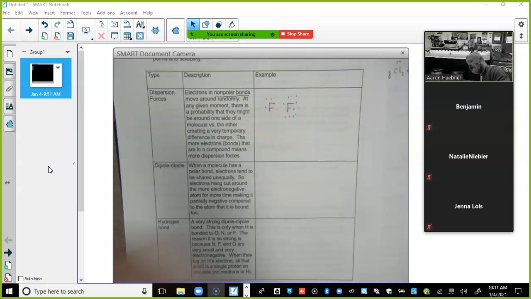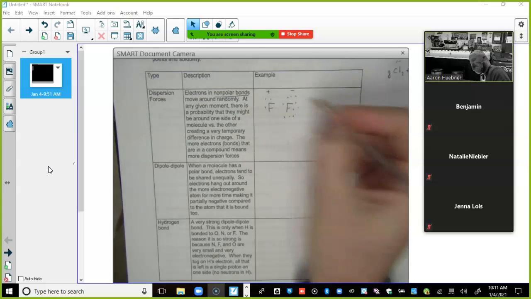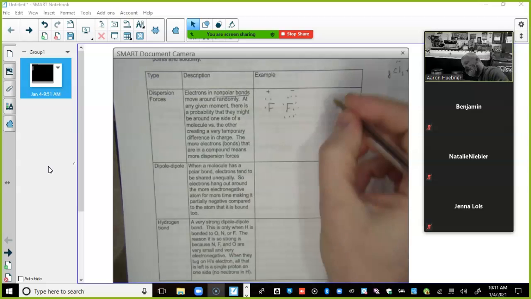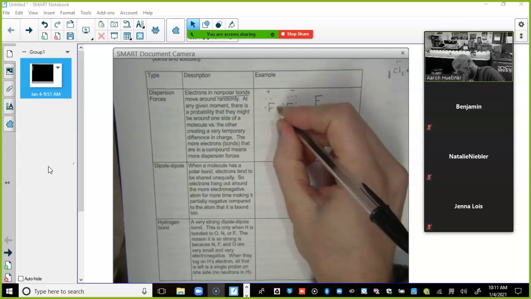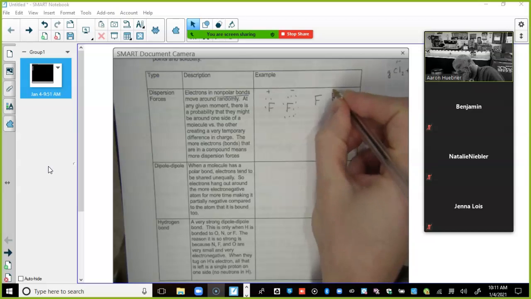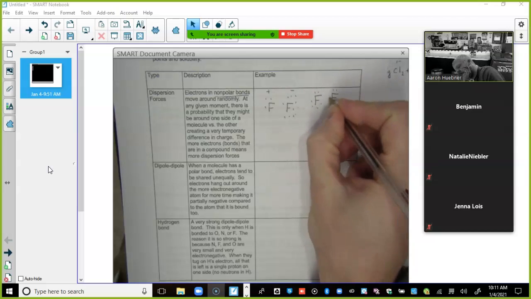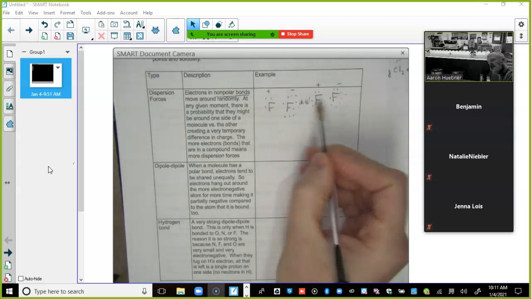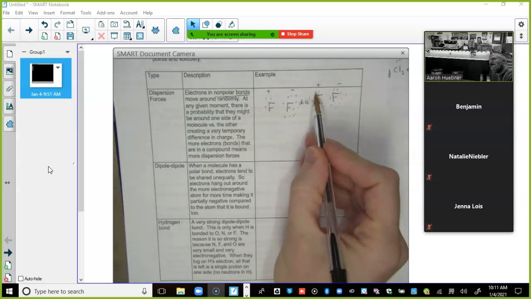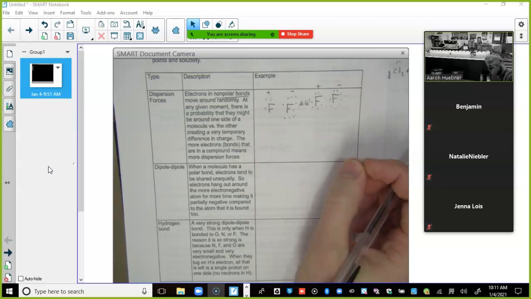It's probably not going to occur, but at one flash point in time, it could turn into that. And then what we have is a partial negative, a partial positive, and it creates a stickiness or a force that is attractive.